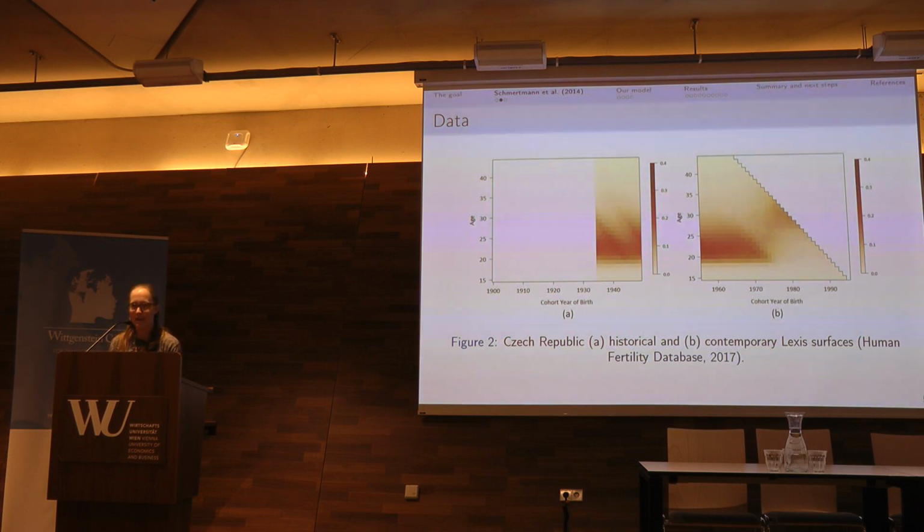So the historical data is used to provide prior information about how the rates change across cohorts and across ages, so horizontally and vertically. And then this information is combined with the contemporary data in order to obtain forecasts and to fill in that missing part of the surface. And again, as it's a Bayesian approach, we don't just get forecasts, but we get uncertainty associated with them too.